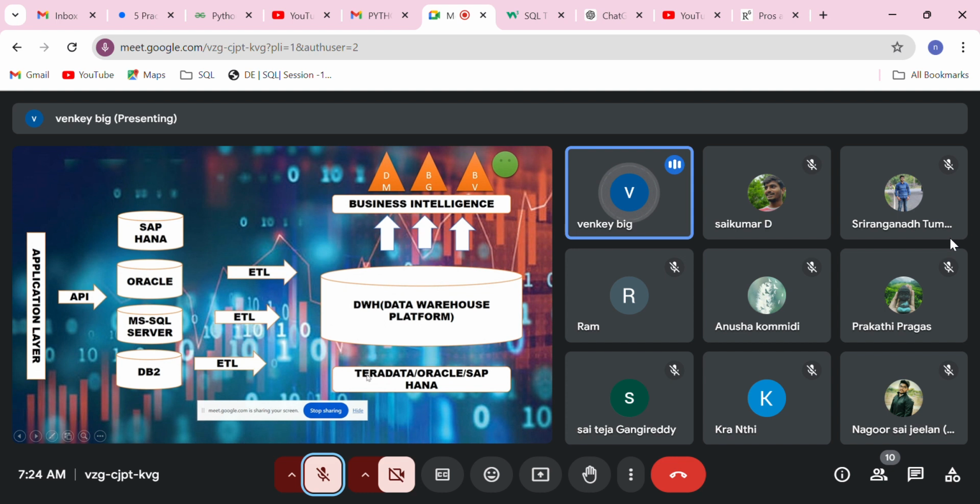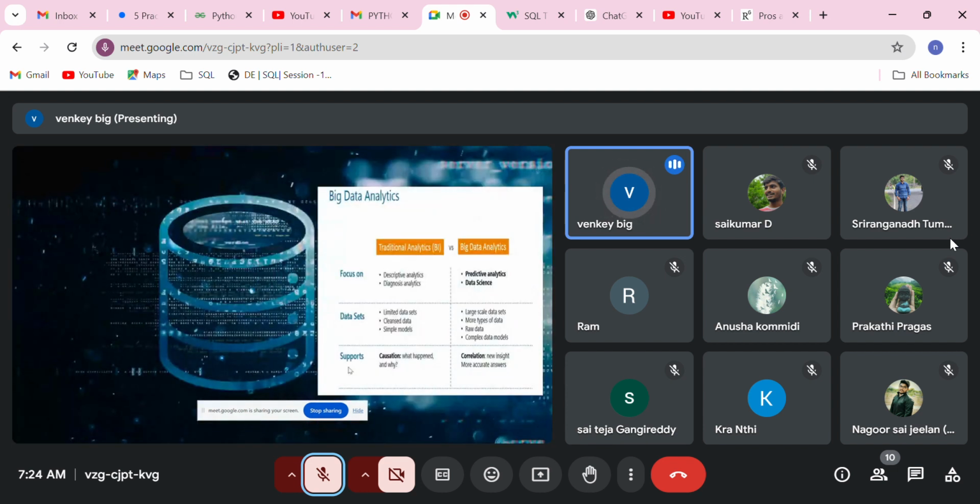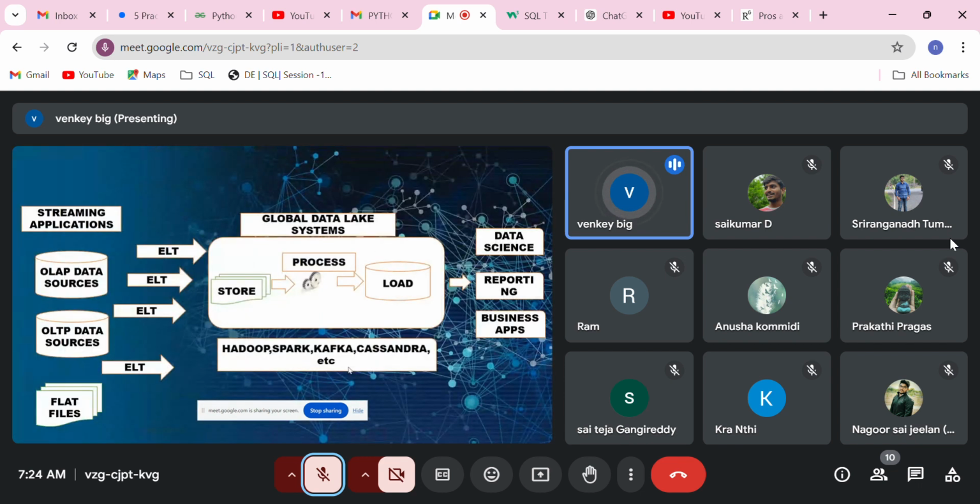Now I have mentioned a few technologies here: Teradata, Oracle, SAP HANA. These are the traditional technologies that people used as their data warehouse systems. But later on, data analytics matured, and we got predictive analytics and prescriptive analytics. That's where we are moving towards our new global data lake systems.